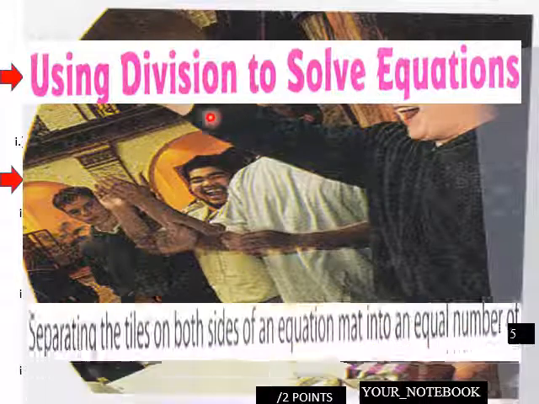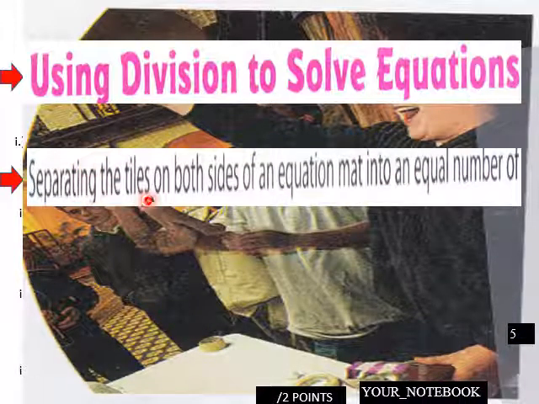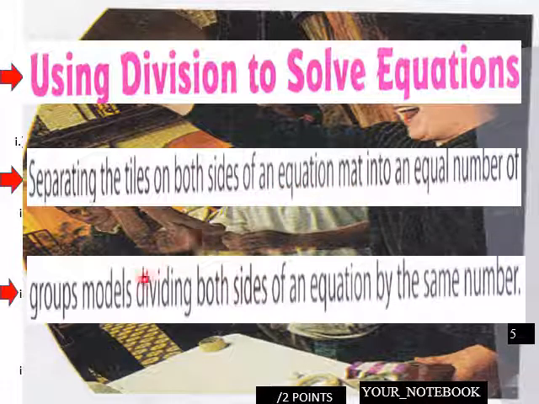Using division to solve equations. Separating the tiles on both sides of an equation mat, which is what we did in the previous page, into an equal number of groups models dividing both sides of an equation by the same number. So that's something to remember when using tiles to visually represent a division problem.